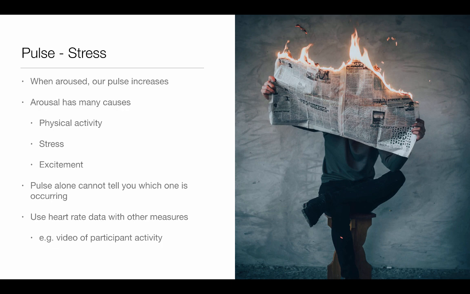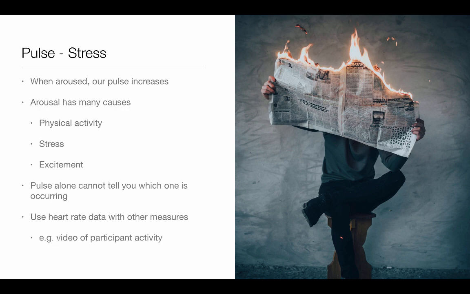But if you just take someone's pulse rate and show them a situation, maybe buying a plane ticket online, maybe doing something different like checking your bank statement, they might have a spike in their pulse. That doesn't mean that it's a website causing it. Maybe they just stood up. Maybe they saw something. Maybe they thought of something that is a bit naughty and not meant to tell anyone about. Who knows? So just having a pulse alone doesn't tell you that much.